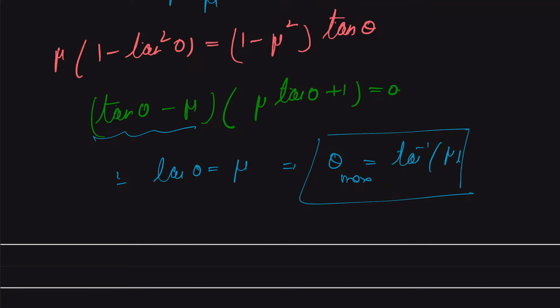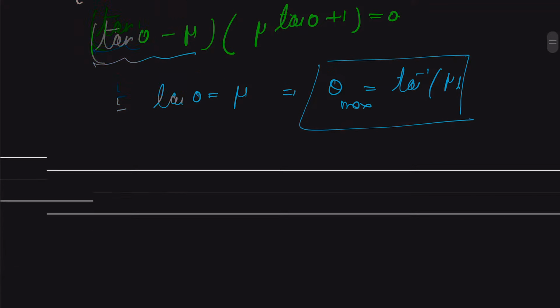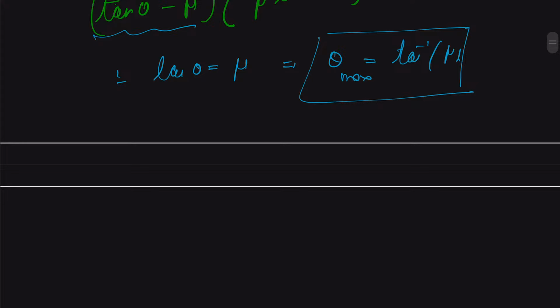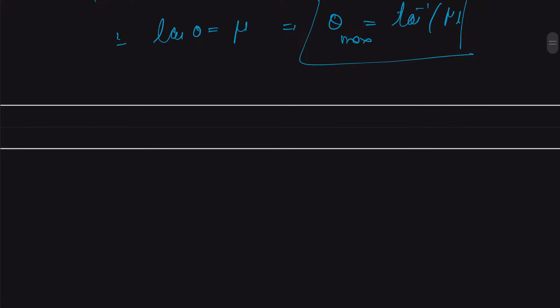Now we can find out the maximum total horizontal distance, because we are going to put tangent of theta equal to mu. So we can say the maximum horizontal distance, and for this distance, tangent of theta is equal to mu.